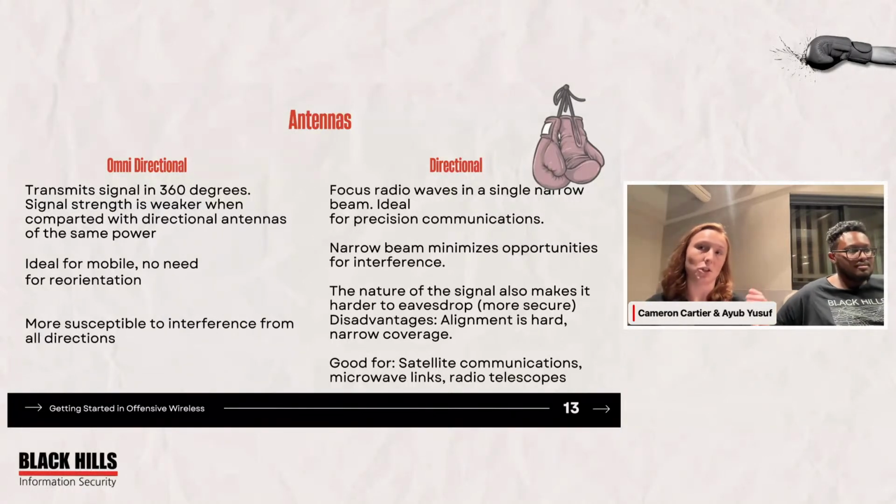You have to be essentially in line with the signal. These types of antennas, the high-powered ones, are typically used for satellite communication, microwave links, etc. Good for precise communications. In addition, there are also semi-directional antennas that try to give you the best of both worlds, but there's some drawbacks to those as well.